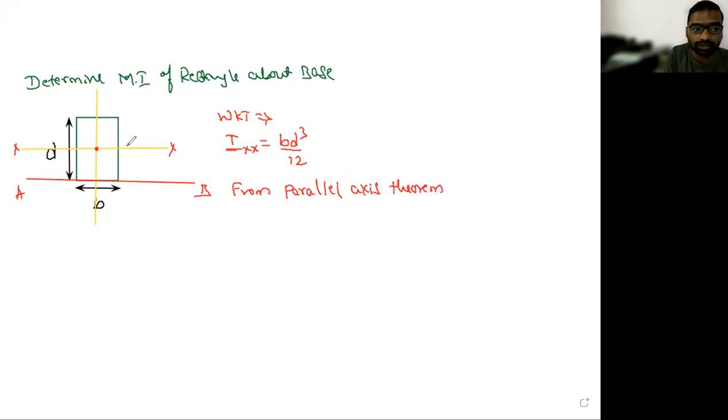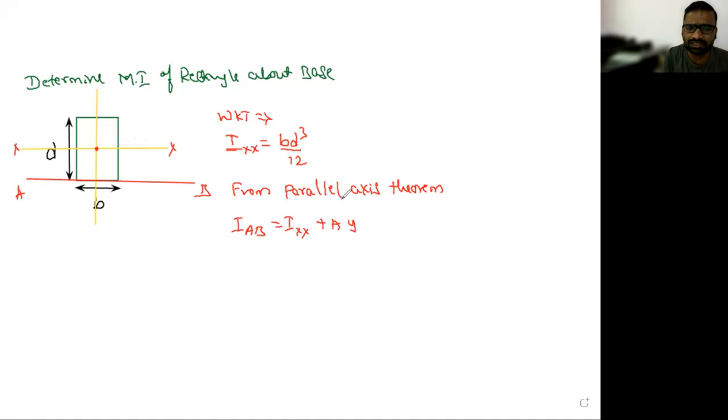See, I want to shift the moment of inertia from the centroidal axis to the base, correct? So parallel axis theorem. So what is the parallel axis theorem? I about AB is equal to I about G. G is nothing but the centroidal axis. Okay, I will take the centroidal axis XX plus area into Y. H I have taken or Y I have taken?